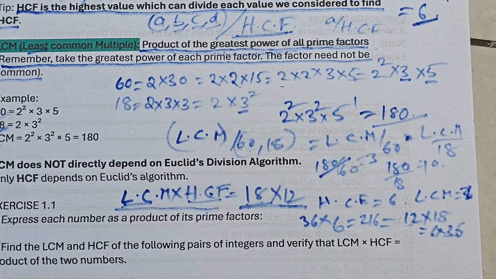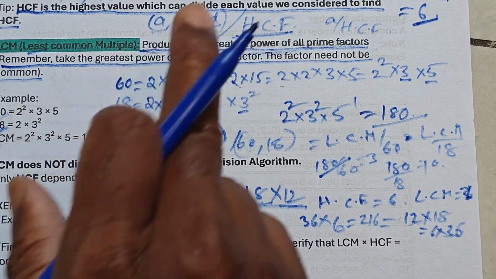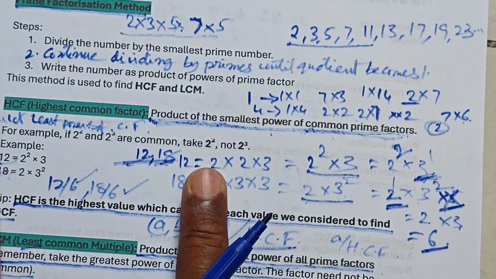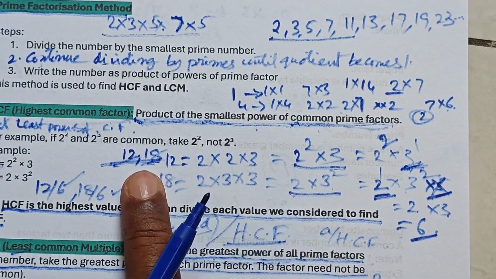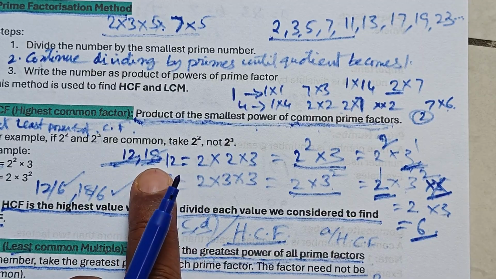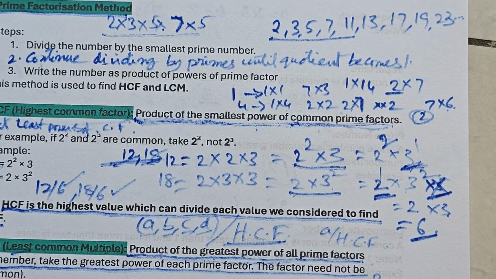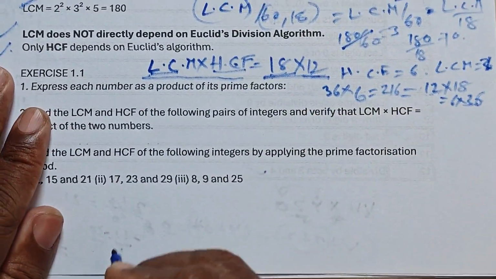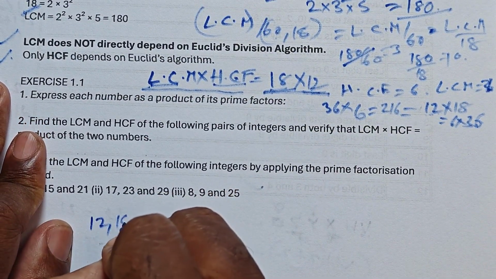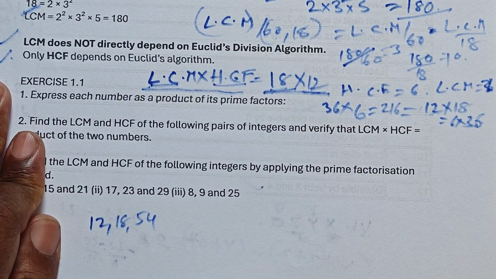If there is a 3 number system, like you have 12, 18 and some other number like 24, now you need to find the LCM. You find it the same way. Here we have found the HCF for 12 comma 18. Similarly, let me say there is 12, 18 and 54 given, and they are asking for the HCF.